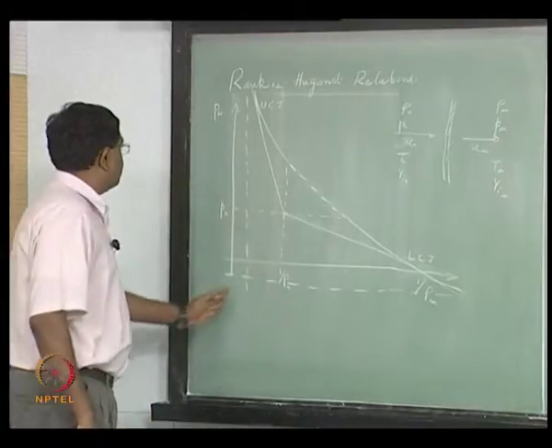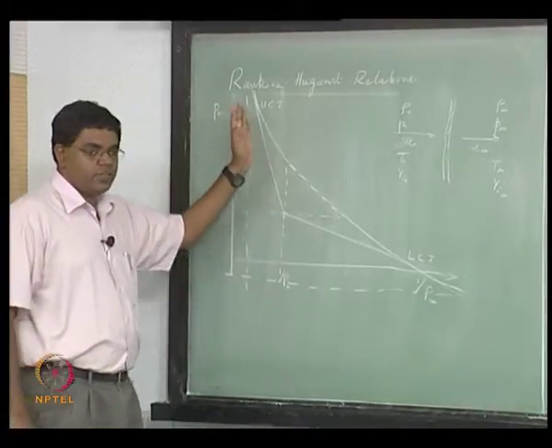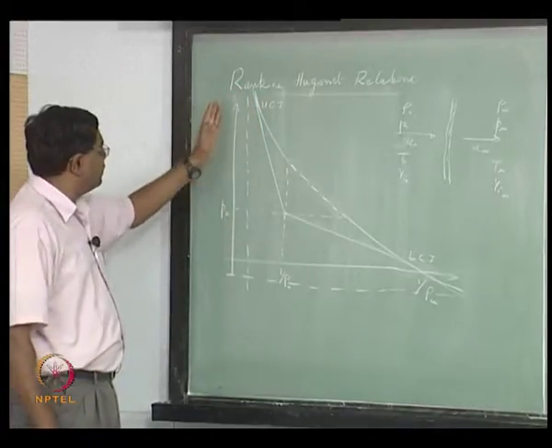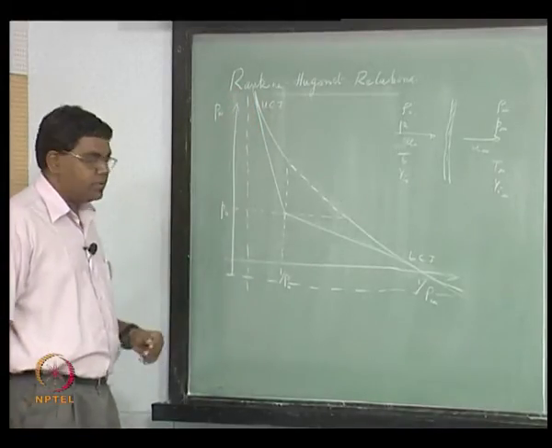For the other asymptote, you now substitute p infinity equal to infinity in the Hugoniot relation, and then find the value of 1 over rho infinity, right?